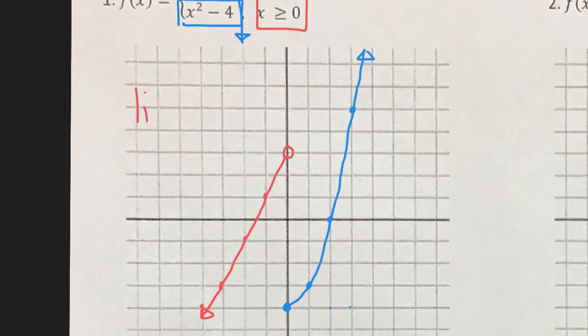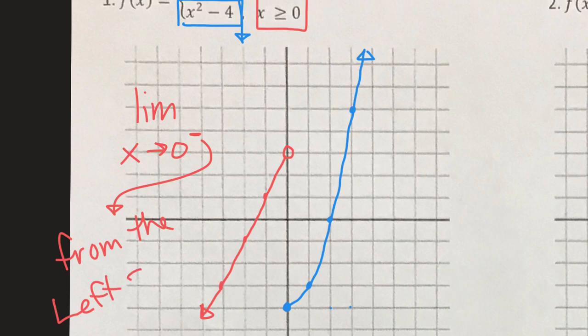So we're going to evaluate what is the limit as x approaches 0 from the left. So this little minus that you put up above your number. Okay, and it always goes in the upper right, sort of like where you would put an exponent. But these are not exponents. This means from the left side of 0. Okay, that's what that little minus means.